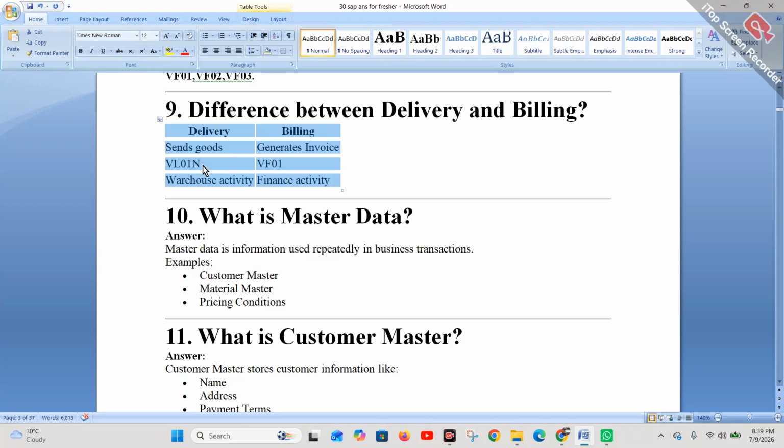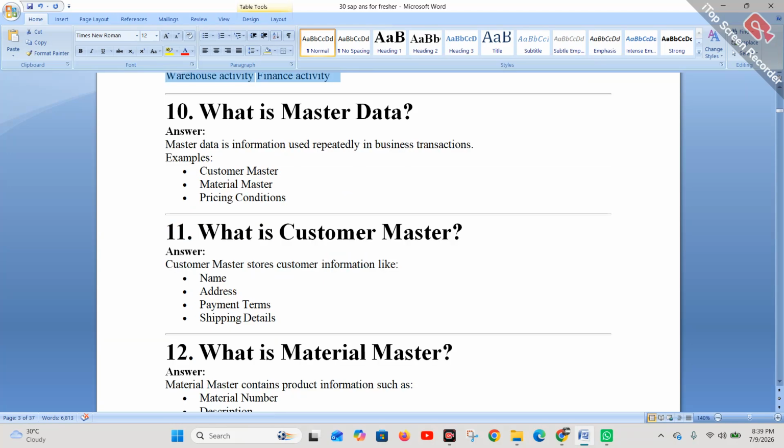For generation of the delivery, the T code is VL01N, and for billing VF01. Delivery is used for sending the goods to the customer's place, whereas billing generates the invoice for the customer payment. Delivery is related to warehouse activity, whereas billing relates to finance activity.